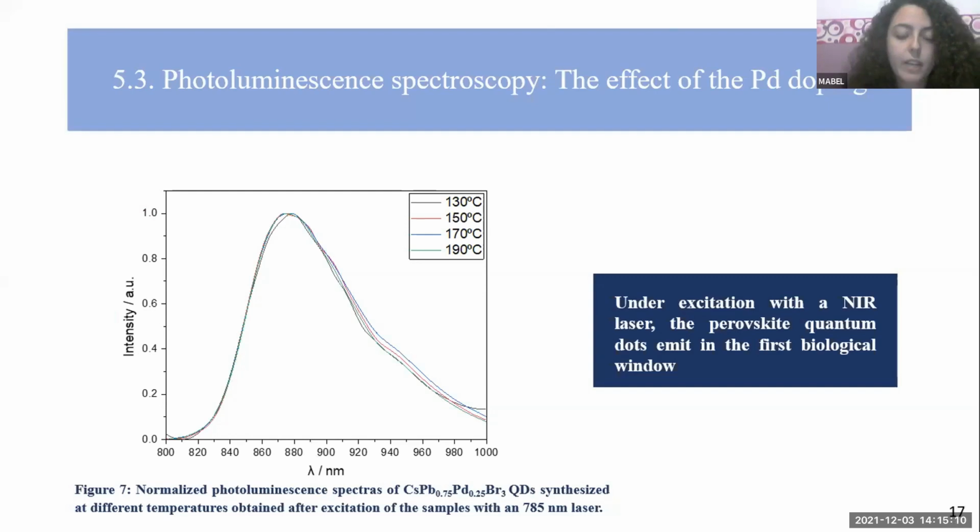Nevertheless, in the case of palladium-doped perovskite quantum dots, the band obtained under excitation at 473 nanometers isn't the only one which can be observed.